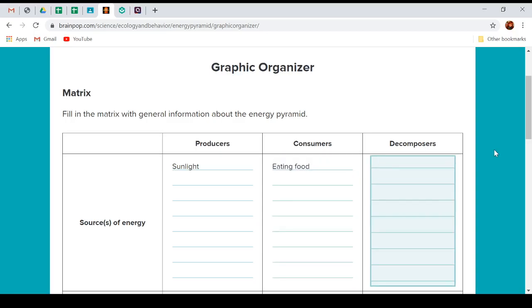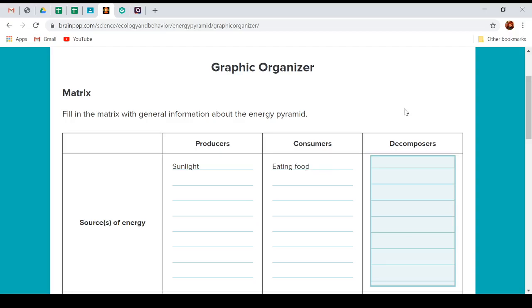Now, decomposers. Think of decomposing, corpse, or decay. Decomposers, they eat dead things. They're similar to consumers because they have to eat their food, but they don't eat anything while it's alive or fresh.